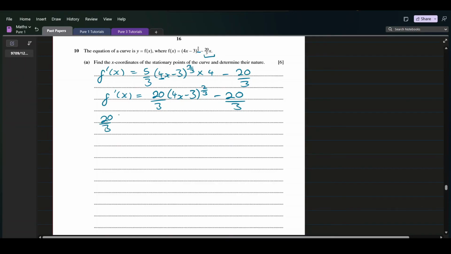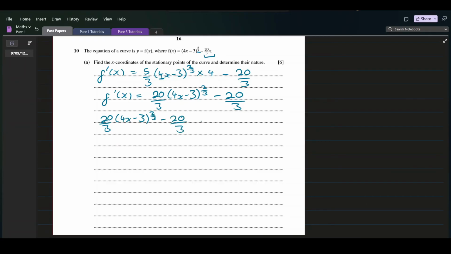So 20 over 3 times 4x minus 3 to the power 2/3 minus 20/3 is equal to 0. And so multiply through by 3 over 20. What you end up with is 4x minus 3 to the power 2/3 minus 1 is equal to 0.